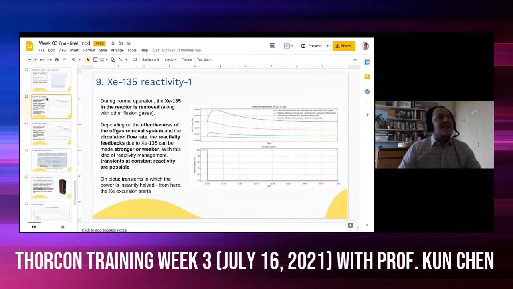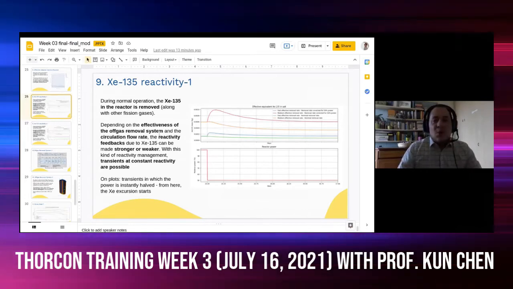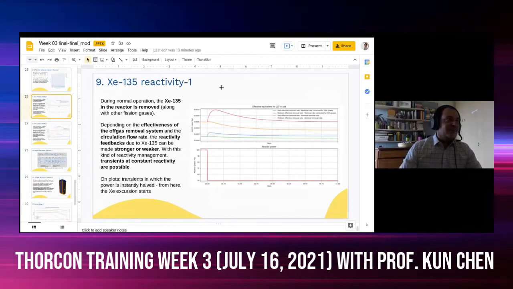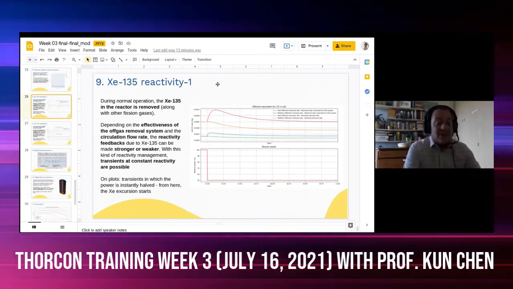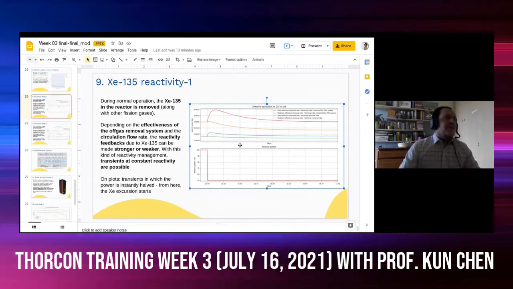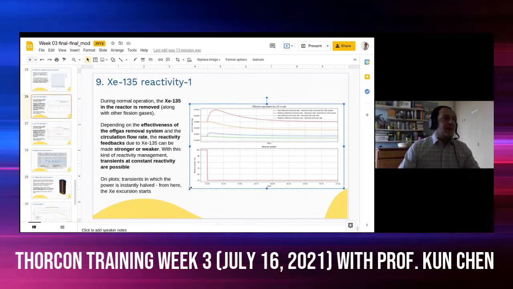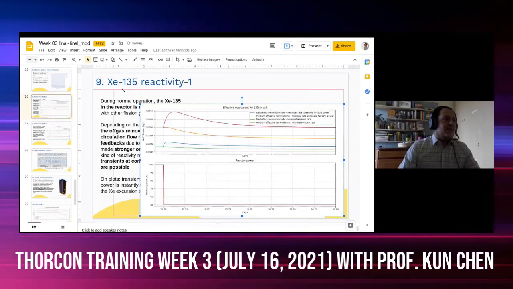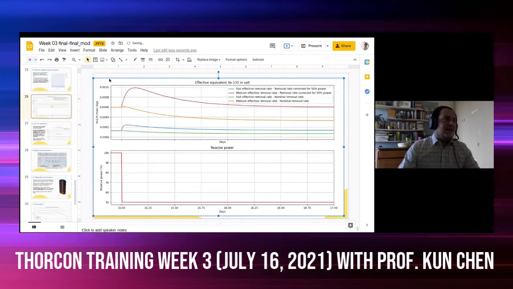Let's analyze what happens with xenon during transients. The fact of xenon as a strong absorber, I apologize for not being able to put full screen, so I'll try at least to put the picture at the maximum size I can.